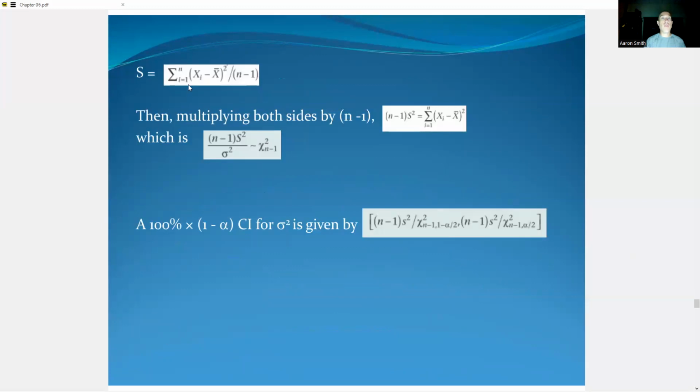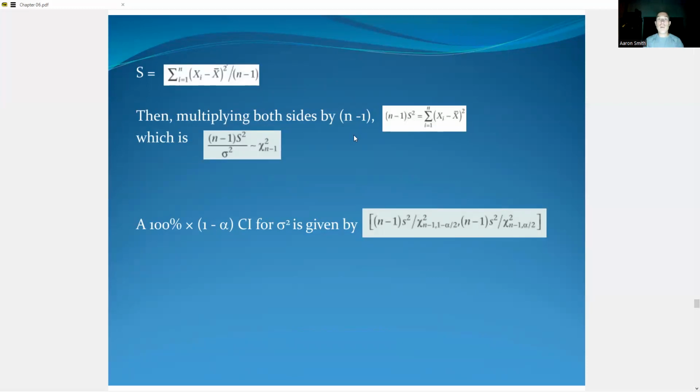All right, so s squared, our estimate of the population variance, is x minus x bar squared, add up all of the values, divide by n minus 1. Take this equation, multiply both sides by n minus 1. So we have n minus 1 times s squared is equal to the sum of squared deviations.